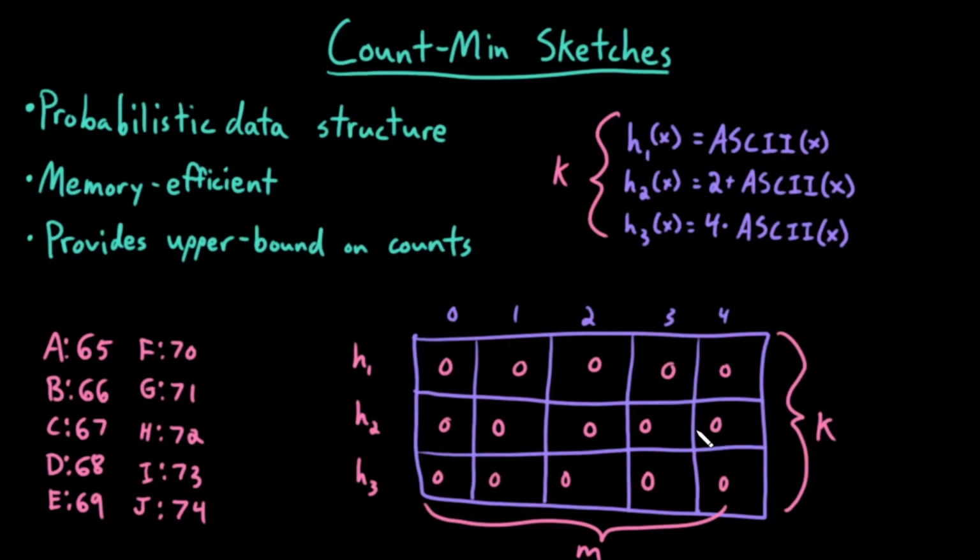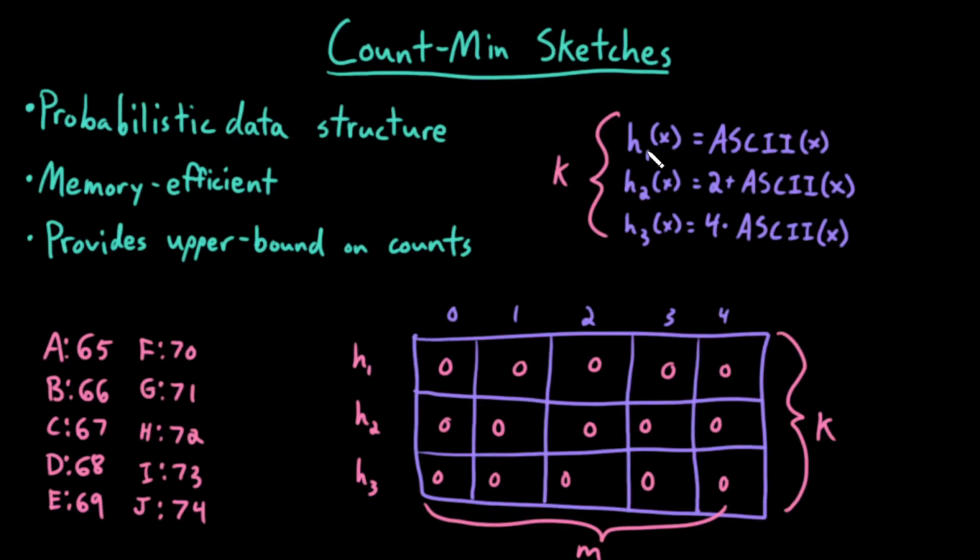So how do we actually use the count min sketch? When we see the first element, for example, b, let's say I want to increment the count of b. For each of your hash functions, you will compute the corresponding hash value of the element that you've seen, mod that by m, the number of columns, and increment the corresponding count in that row for that hash function.